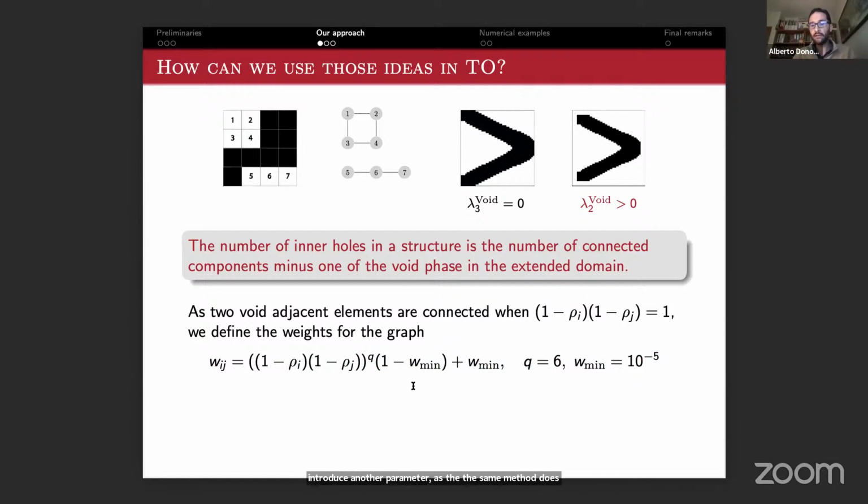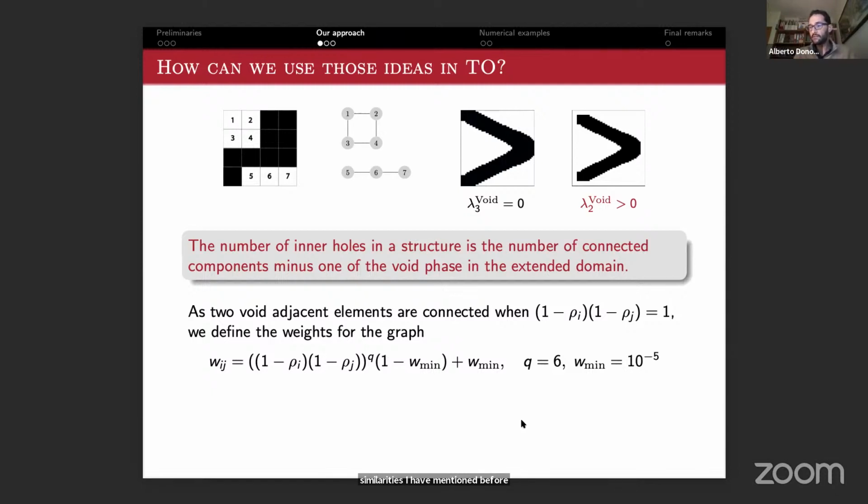The aim of the first parameter, the exponent q, is to weaken the possible connections in the structure, and W-min is necessary to guarantee coercivity in the problem, and also to avoid the singularities I have mentioned before.